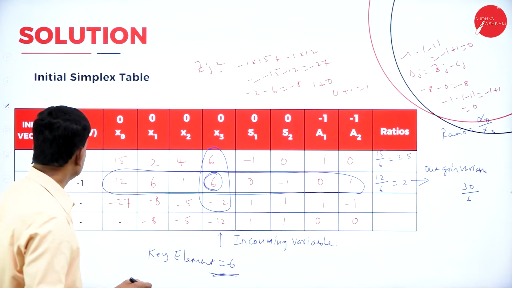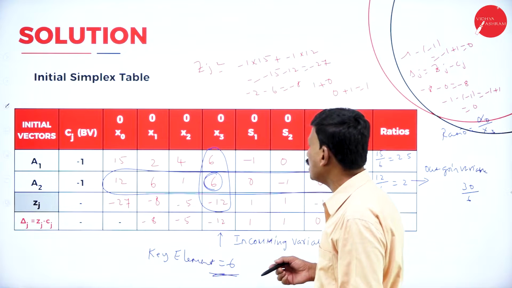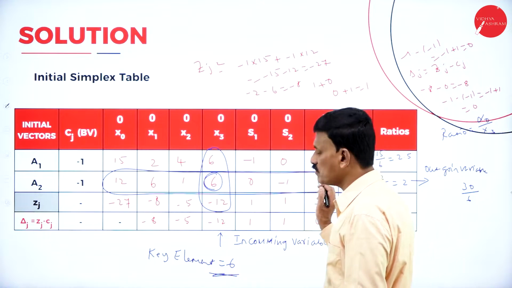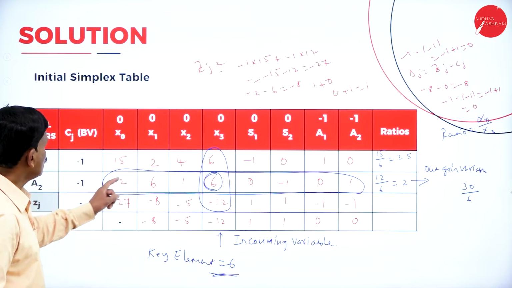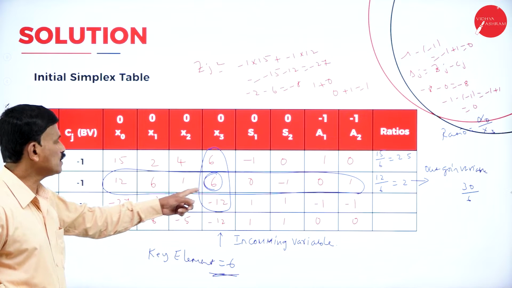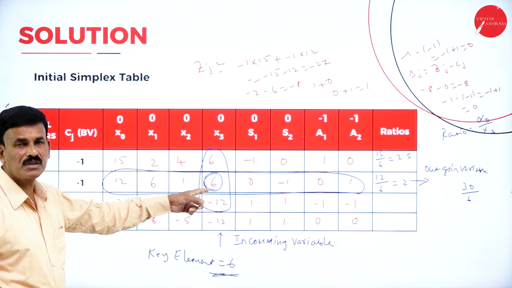Now we will go for the next table. After the initial simplex table, in the first iteration, what are the steps we are going to perform? First, convert this key element to 1, so divide each and every element by 6. R2 dash is equal to R2 divided by 6.